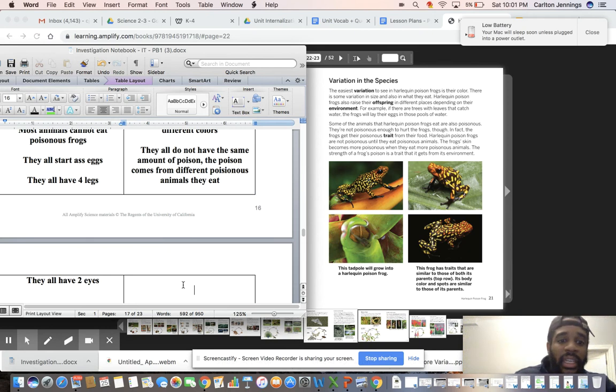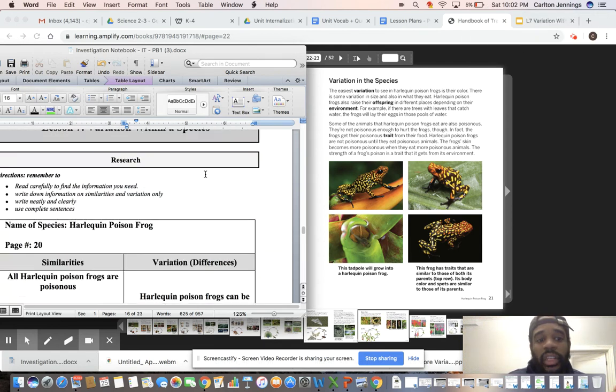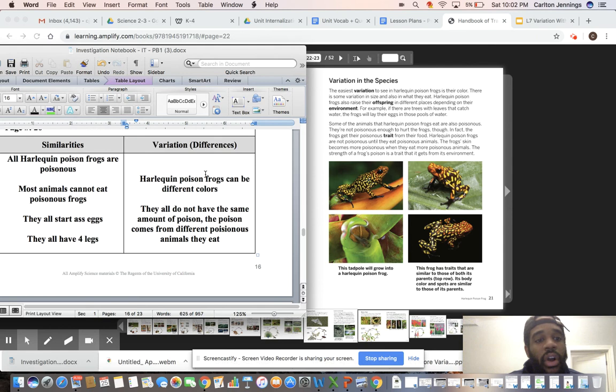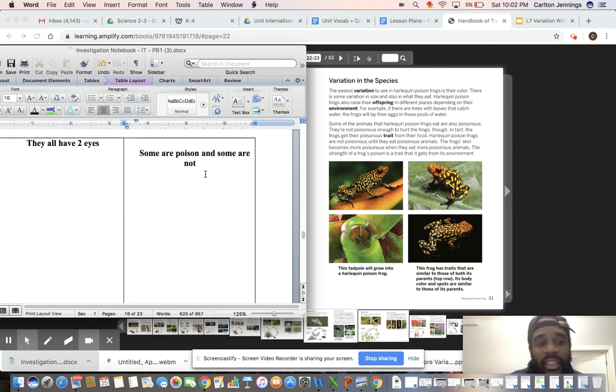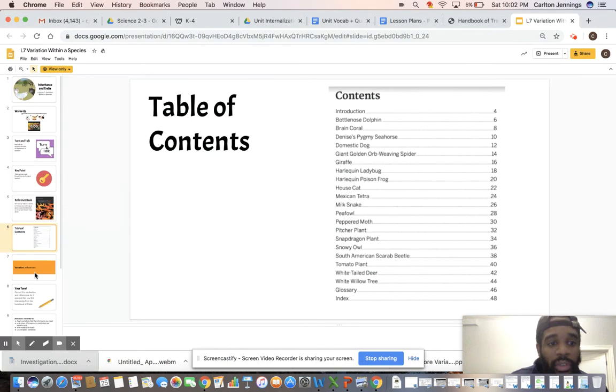I can put some are poisonous and some are not, because it has to eat something poisonous first for it to become poisonous. So we have our different things here. If you need to go back, you can rewind your video or pause your video to have some of these similarities and variations we have about the harlequin poisonous frog, which was pretty good.